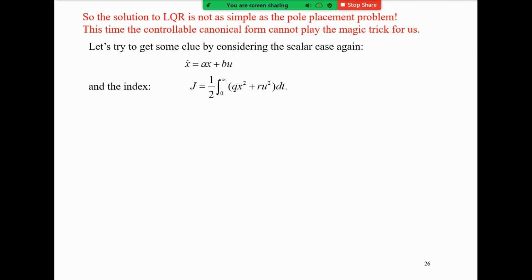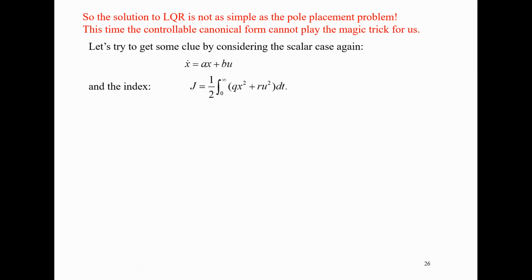Just to motivate you to think about the other way, let's still try to find a solution for the scalar case again, but this time we're not going to directly use differentiation, right? Because we know that method cannot be extended to the general case. We want to find out another way, okay?